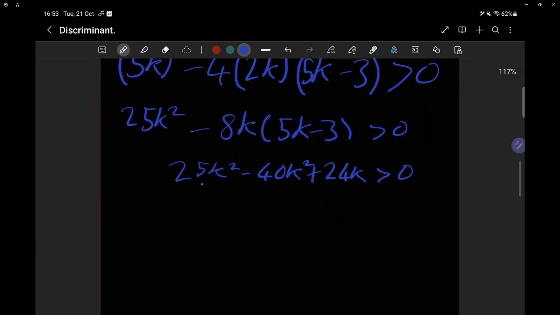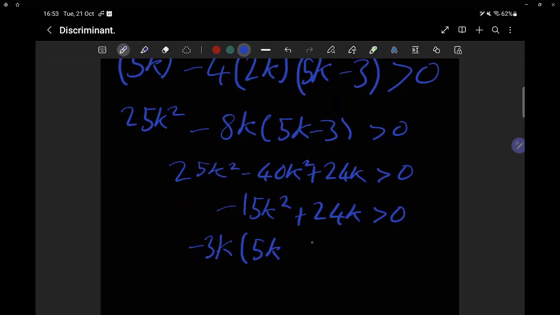So we have 25k squared, subtract 40k squared is negative 15k squared, plus 24k is greater than 0. We can factorise the k out, and we can also factorise 3 out as a common factor of 15 and 24. I'm going to make it a negative 3, because I don't like having a negative number within the brackets to begin with. It shouldn't make a difference either way, that's just how I prefer to do it.